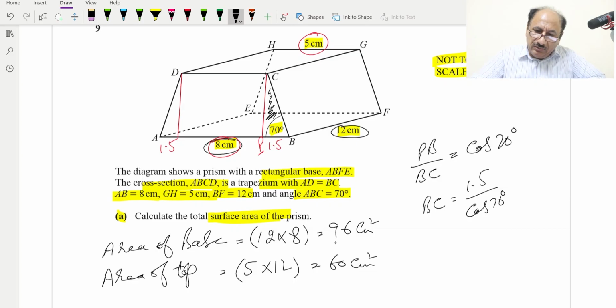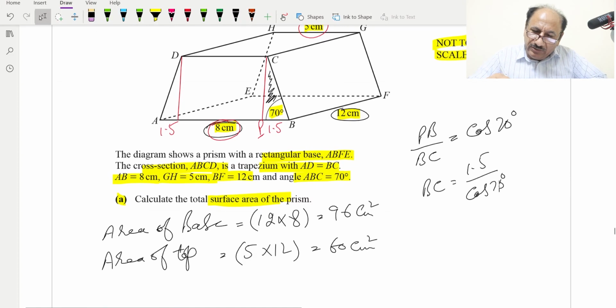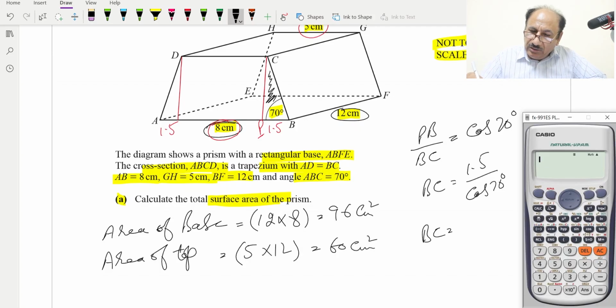So we can write BC is equal to 1.5 divided by cos of 70 degrees. We missed the bracket basically. Cos of 70 degrees, this is equal to 4.38, or we can write 4.39.